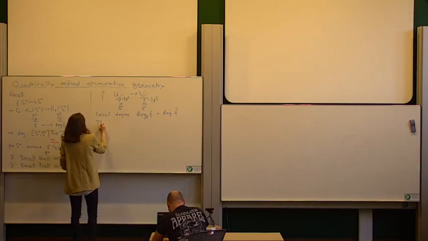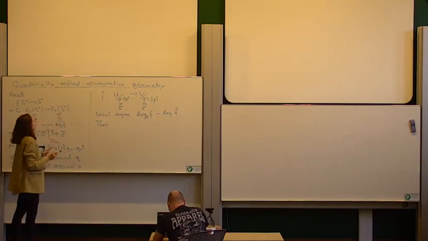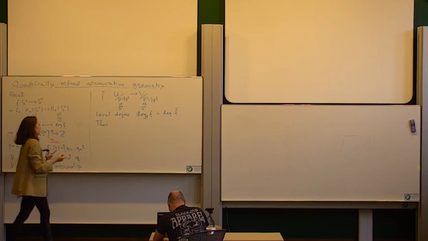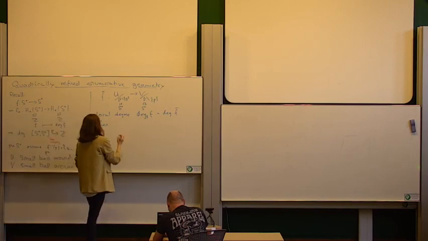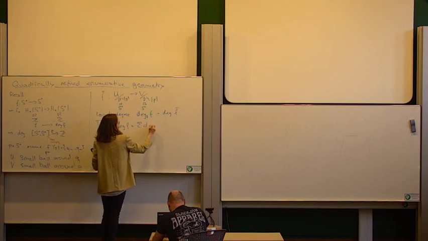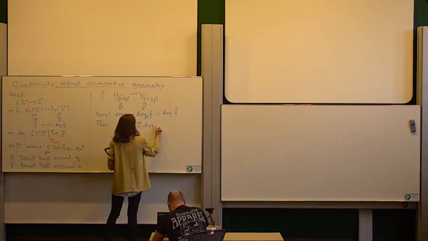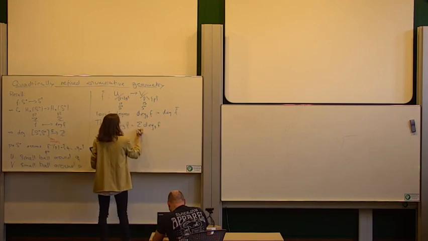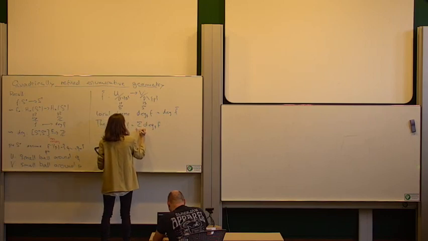And then the degree of the whole map can be computed as a sum of local degrees. Like this.